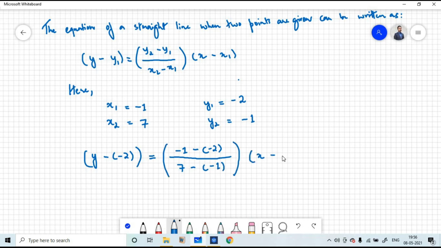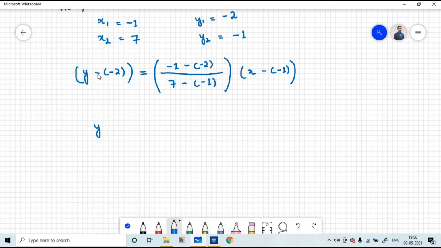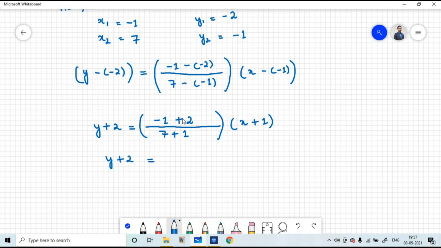Minus times minus equals plus, so minus 1 minus minus 2 equals minus 1 plus 2, which is 1. Minus times minus equals plus, so 7 minus minus 1 equals 7 plus 1, which equals 8.